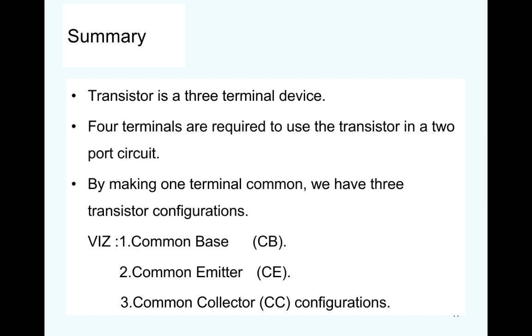Whereas in the common collector configuration, we connect the collector to ground, apply the input at base and collector, and observe the output between emitter and collector. So these are the three configurations of the transistor.